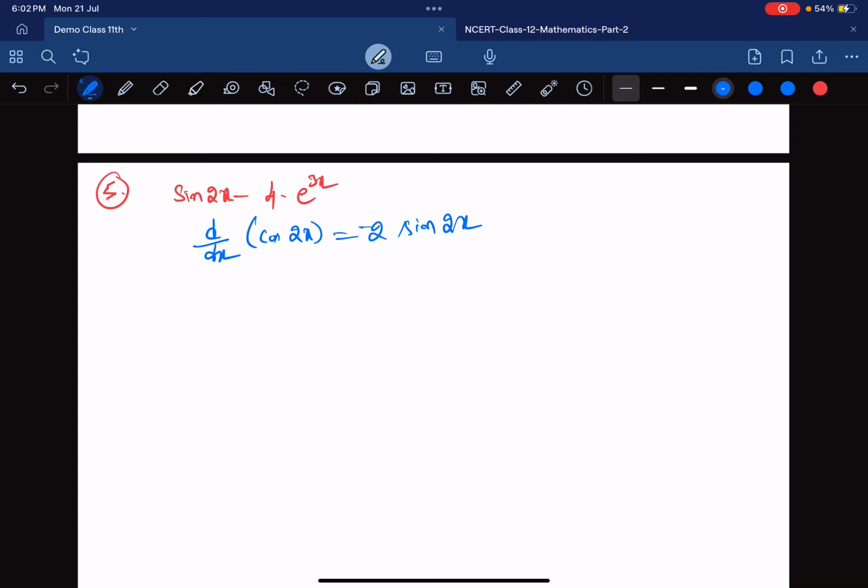So from this, sin 2x is equal to d by dx of minus half into cos 2x.